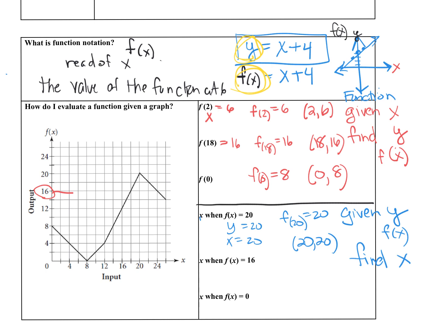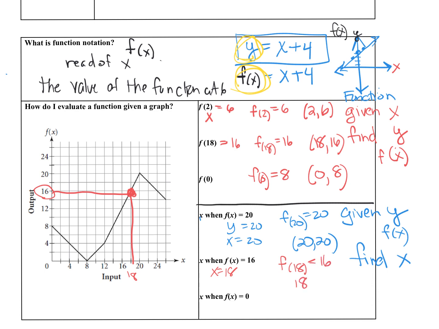And I'm going to follow over, and I'm going to hit right here, and then I'm going to follow down, and that is actually when x is 18. Okay, so we know that if we go to write this with our function notation, we're going to say the value of the function when x is 18, the y value is 16.